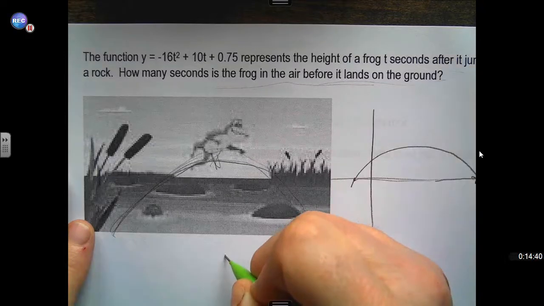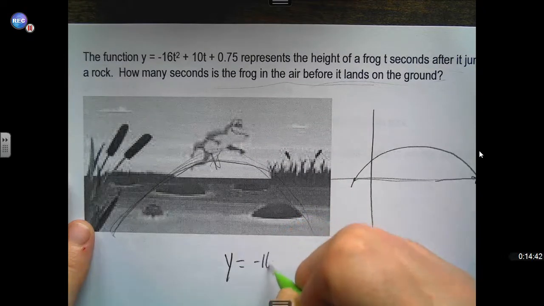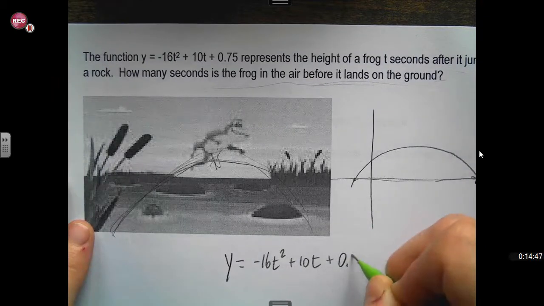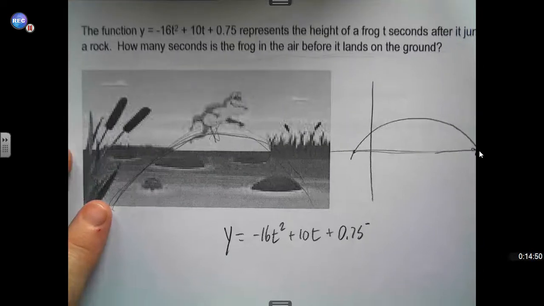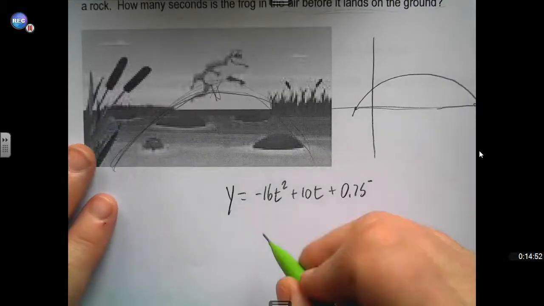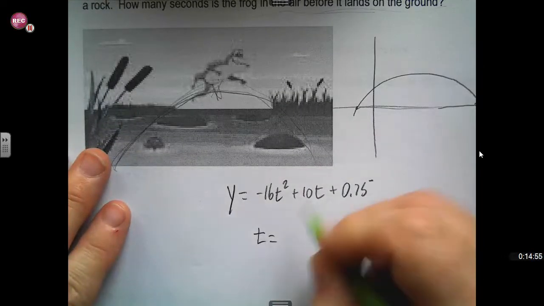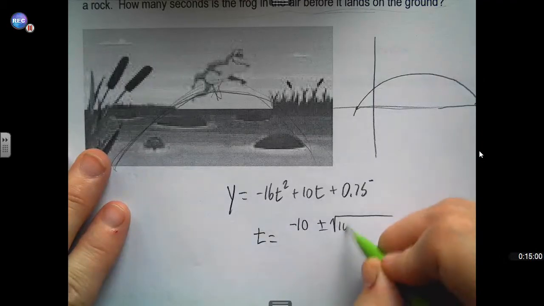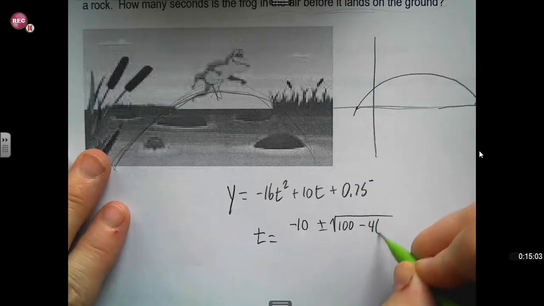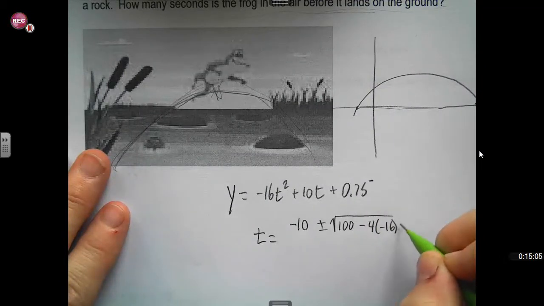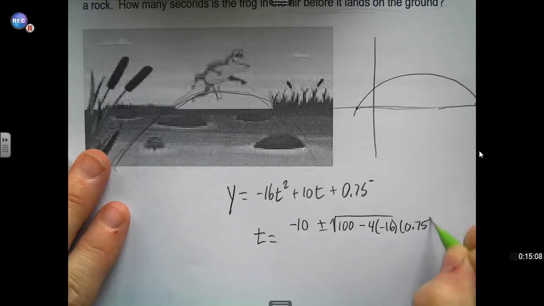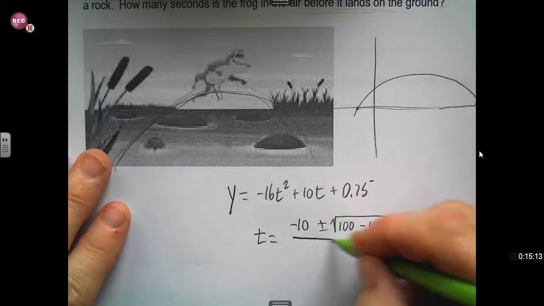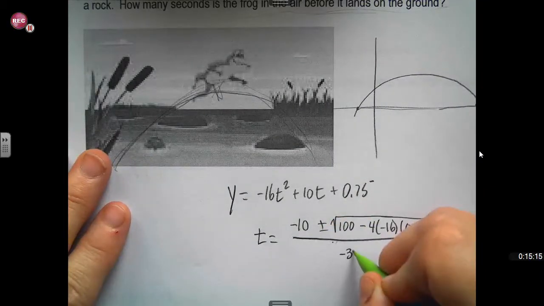And we have y equals negative 16t squared plus 10t plus 0.75. So basically, I can put that into the quadratic formula. I can do t equals the opposite of b, which would be negative 10, plus or minus b squared, which would be 100, minus 4 times negative 16 times 0.75, all over 2a, which would be negative 32.